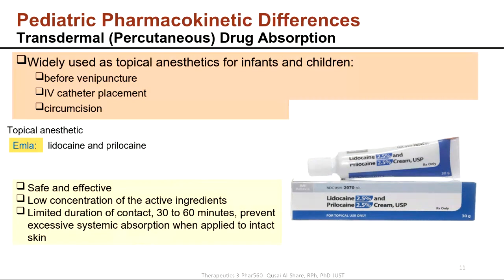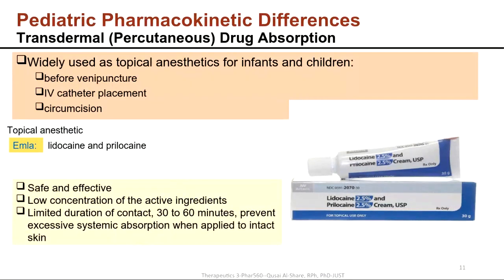Sometimes they use it when they need to replace an IV catheter, because it stings and causes pain to the infant or the child. In male babies, sometimes they use it in circumcision. That surgery also needs some local anesthesia, which is okay to use.